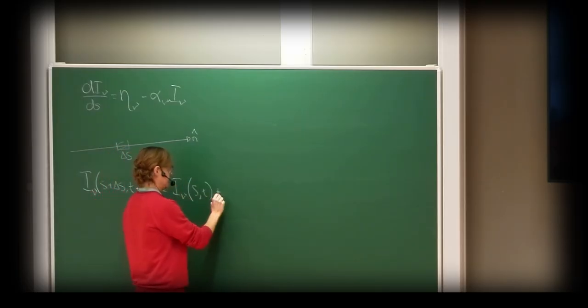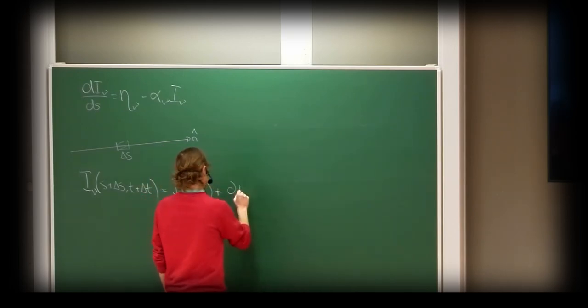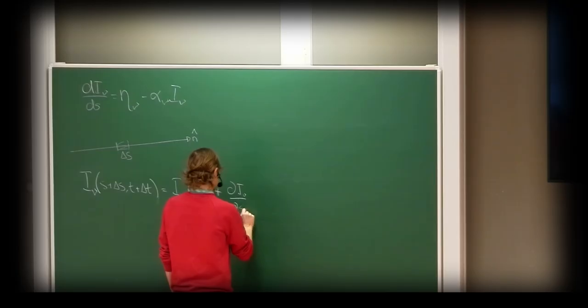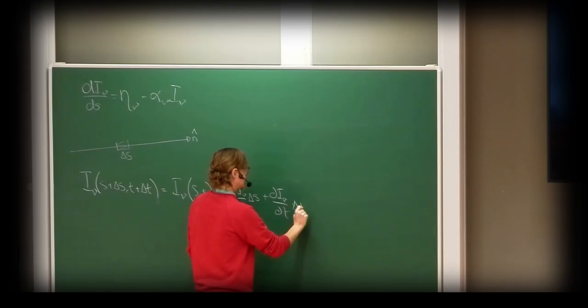And then, of course, if we keep the first order terms, this is just the ∂I_ν/∂s times delta s plus the ∂I_ν/∂t times delta t.